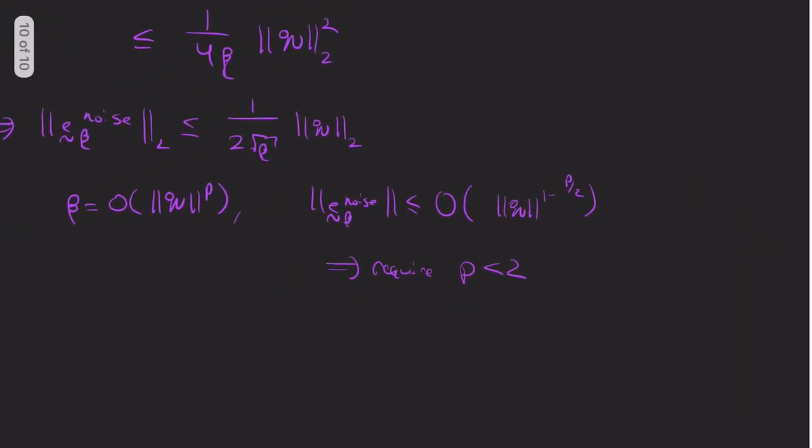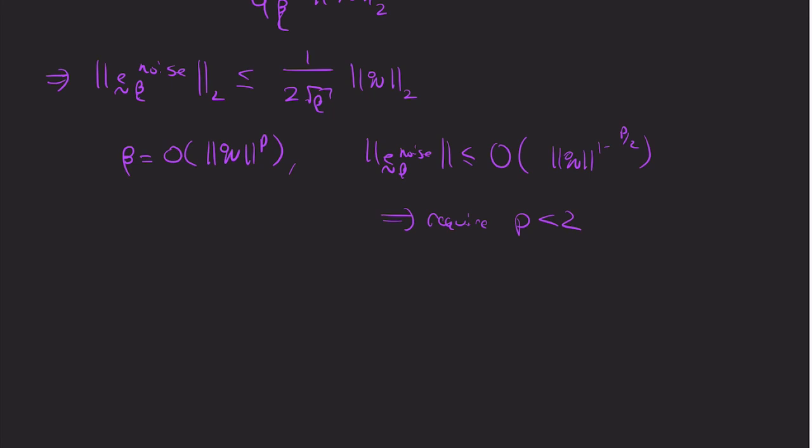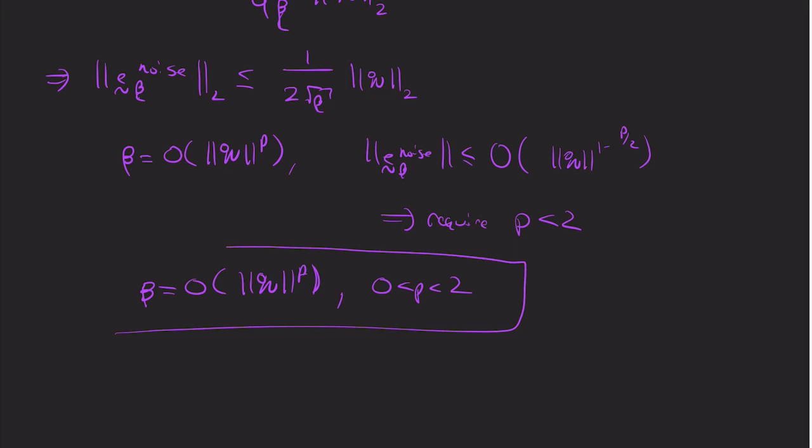And so in the end, we want this condition: 0 less than p less than 2. And so this gives us a theoretical property we want to be preserved, and if that's the case, then we get convergence.